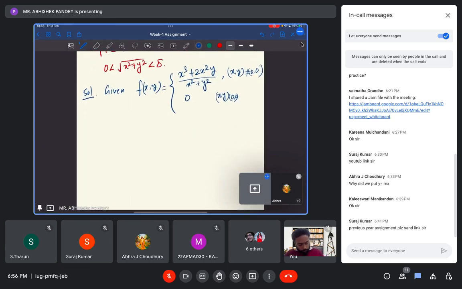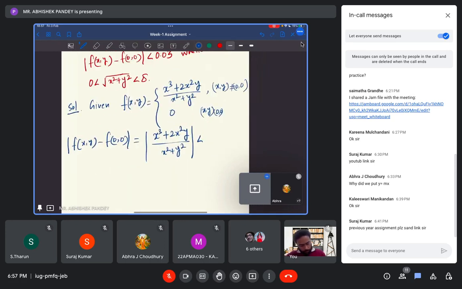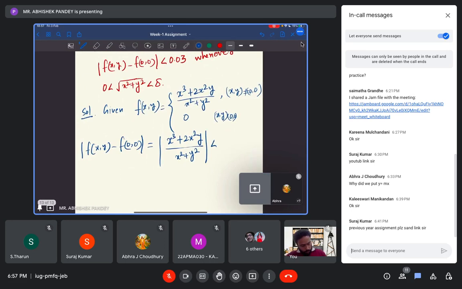Okay, you need to check this condition at (0, 0). So this is nothing but the modulus of (x cubed plus 2x squared y) upon (x squared plus y squared), which should be less than 0.03.